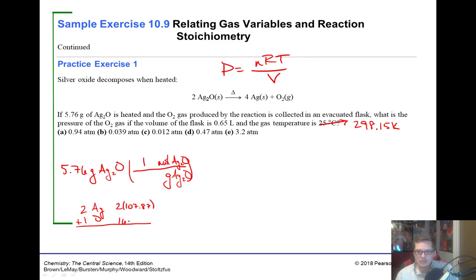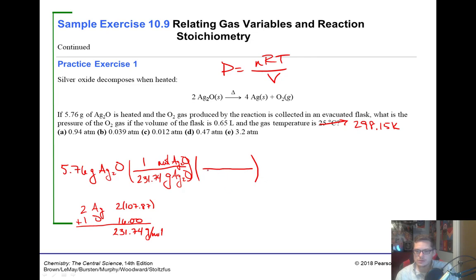All right, 16.00 for the oxygen. So we'll say 2 times 107.87 plus 16, and we get 231.74 for our molar mass, 231.74 grams per mole. So 231.74 goes there. Now we're in moles of silver oxide, so now we've got to go to moles of oxygen.